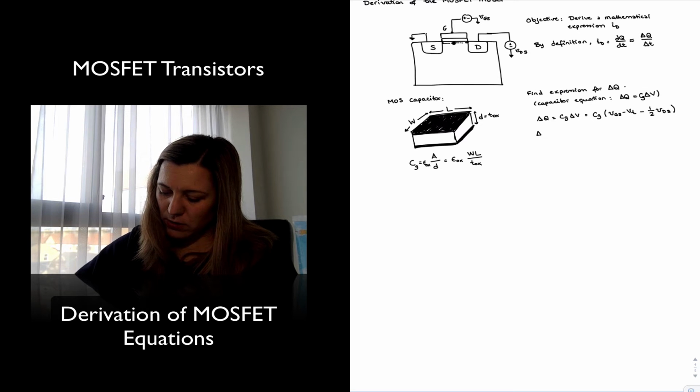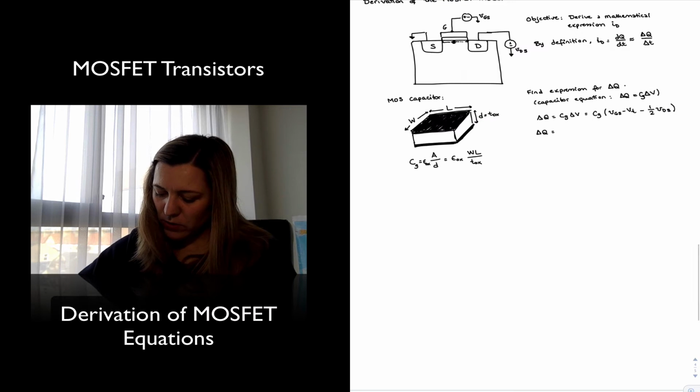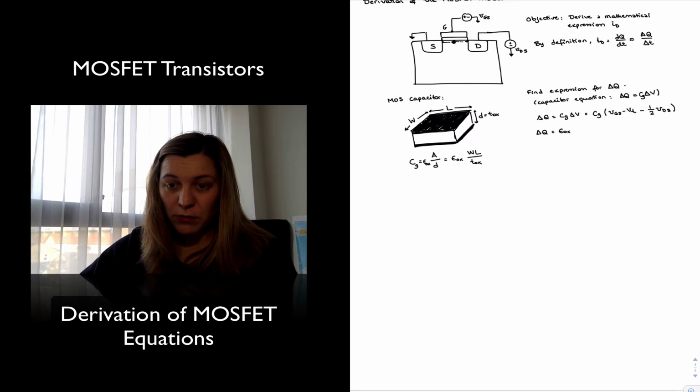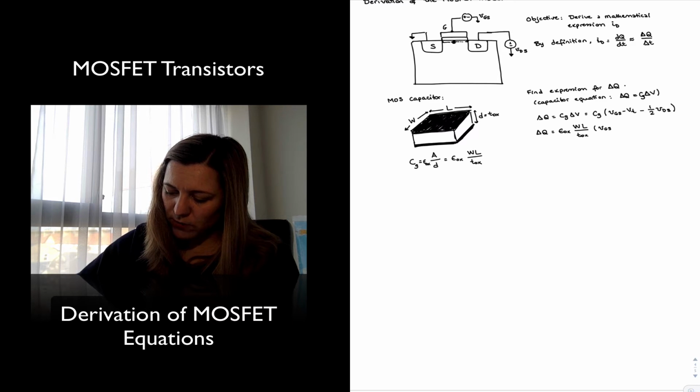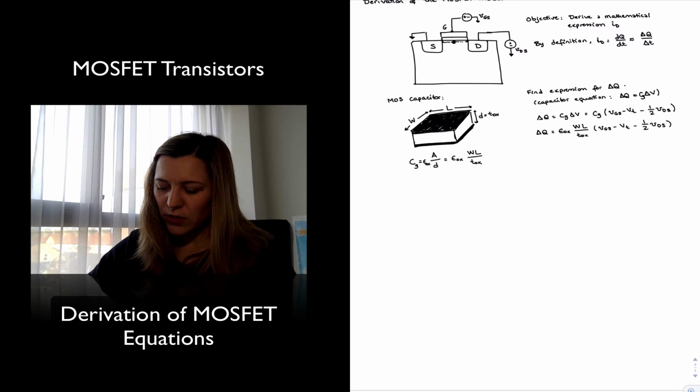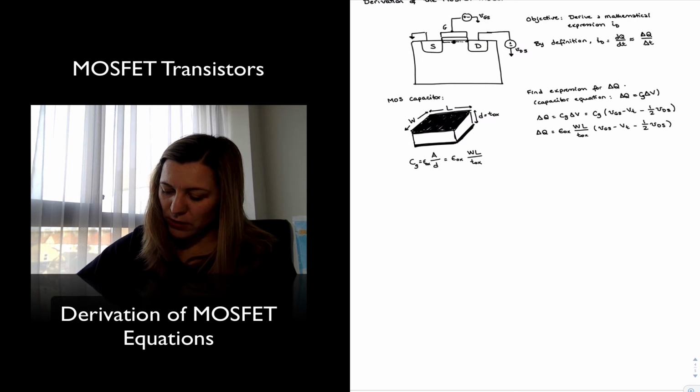And so I can substitute the value of Cg that I have calculated earlier. It's going to be epsilon oxide, the permittivity of the oxide material, times the area, which is the product of width and length, divided by the thickness of the oxide. All that times the voltage, VGS minus VT, minus 1/2 of VDS. So I have my expression for delta Q.